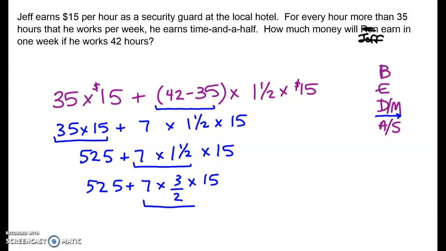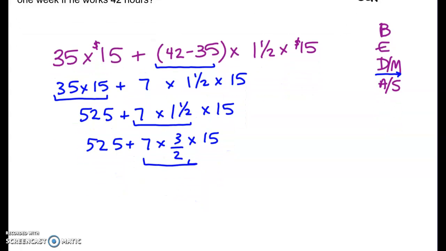Good. Now we'll do this multiplication there. 525 plus numerator times numerator is 21 over denominator. Remember, 7 is over 1. 1 times 2, 2.